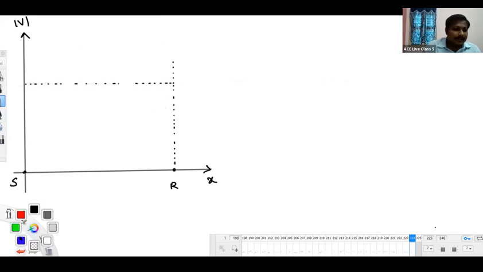You can call this the sending end voltage magnitude point. And how is the receiving end voltage? That depends upon the loading. Okay, I will copy this diagram.